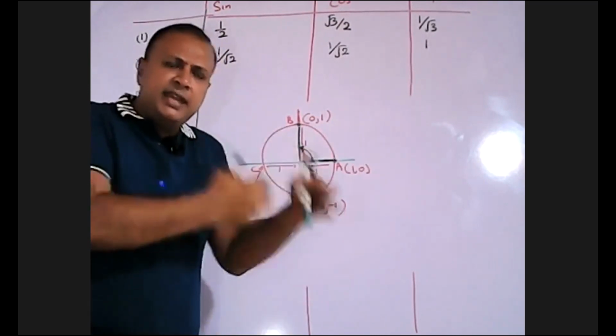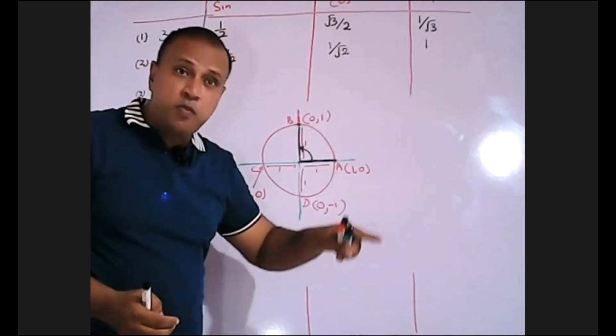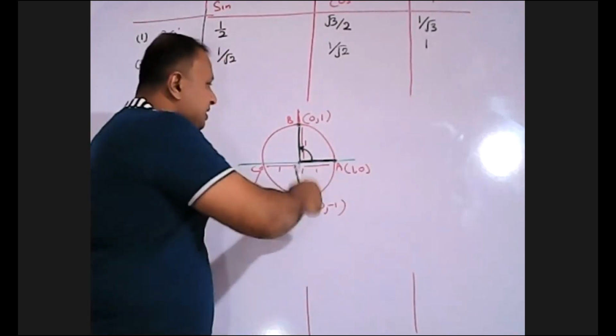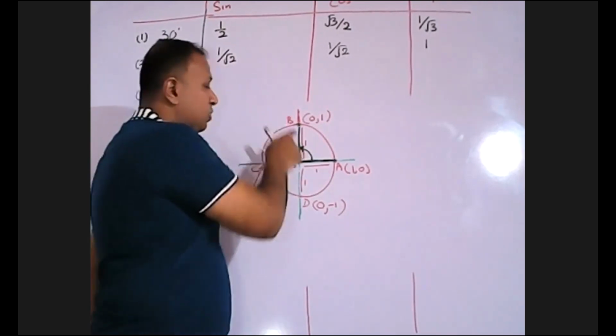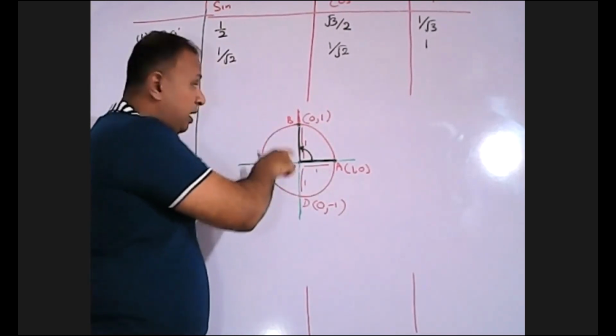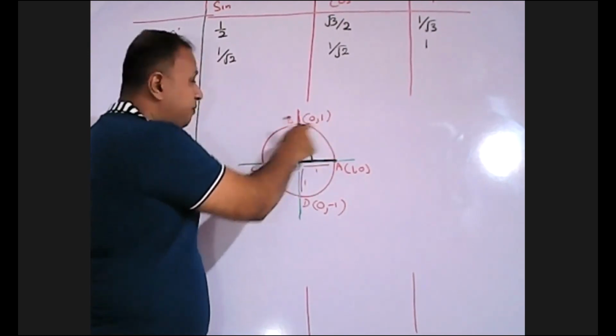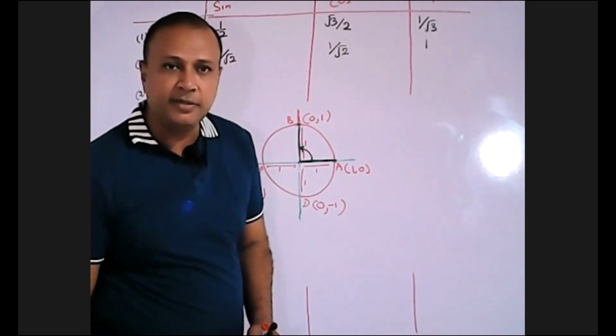Sine 90 is equal to the y coordinate of the corresponding point on the unit circle. So what is the corresponding point? Now it is B. Okay. Did you get my point?